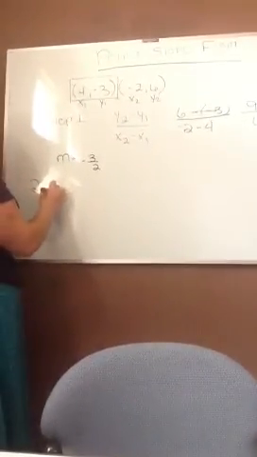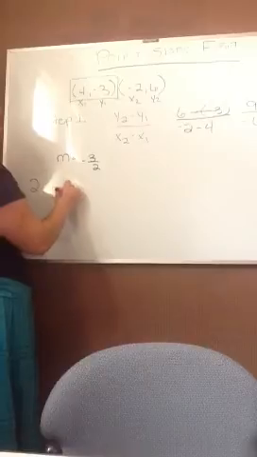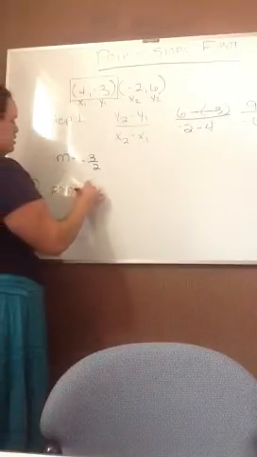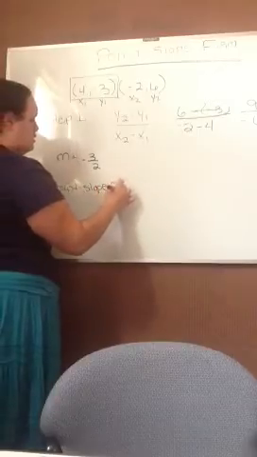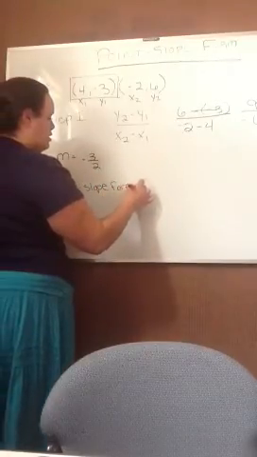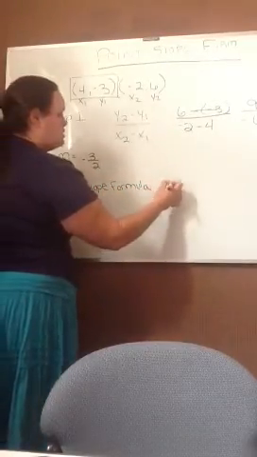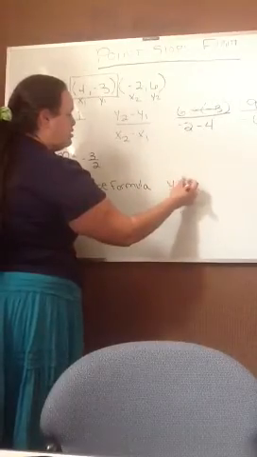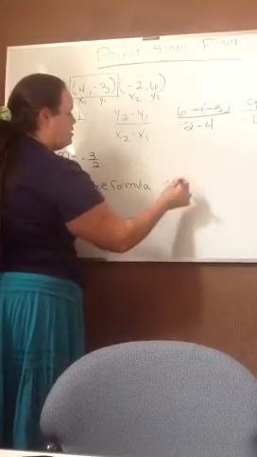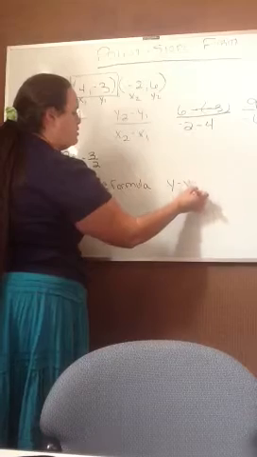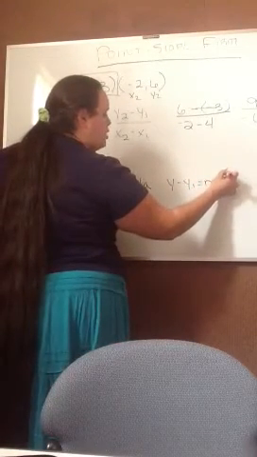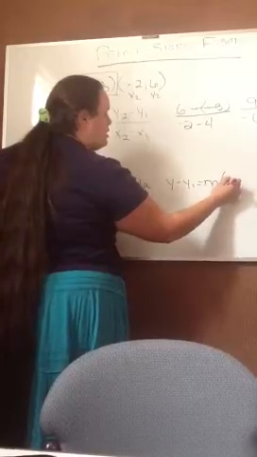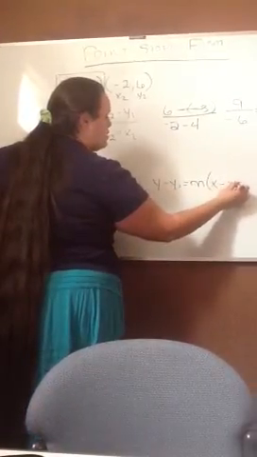So point-slope formula is y minus y1 equals m, open your parentheses, x minus x1.